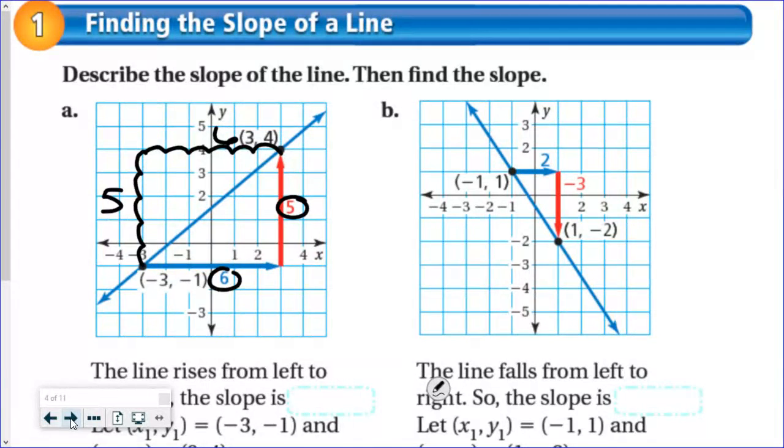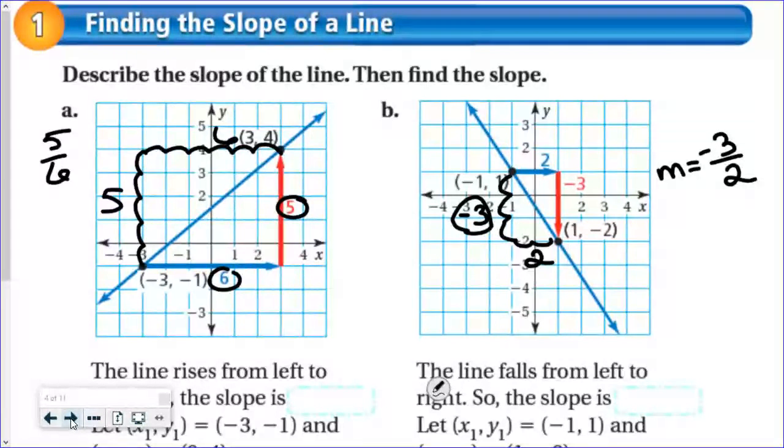Okay, so my slope is 5/6 up, and it's positive and it's not reducible. Okay, this one, 1, 2, 3, I'm going down 3, that's why it's negative, and over 2, so my slope or m is down 3/2. It's just as easy as that.